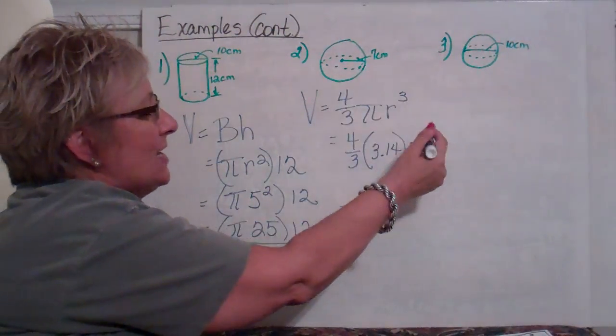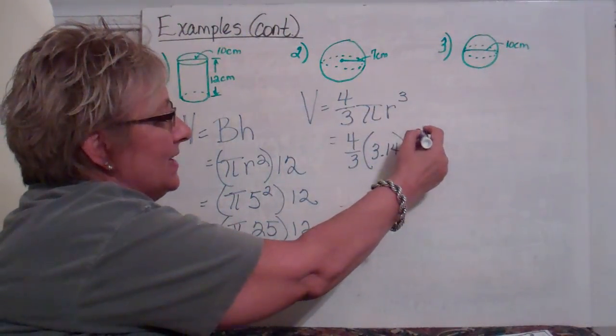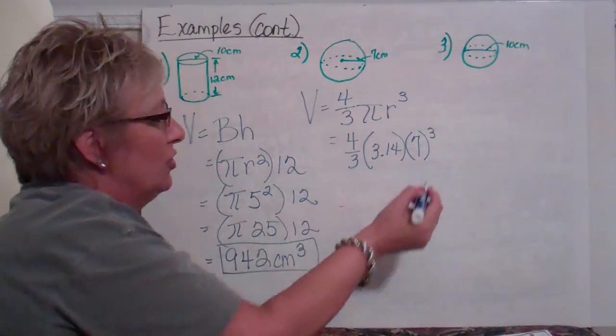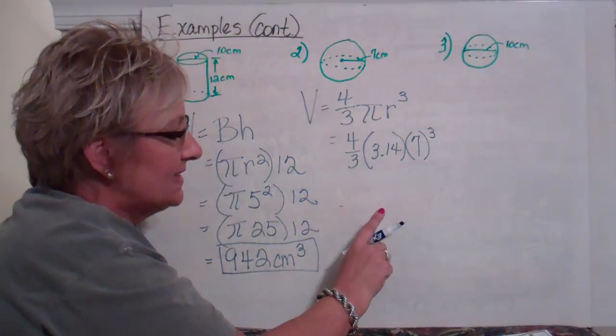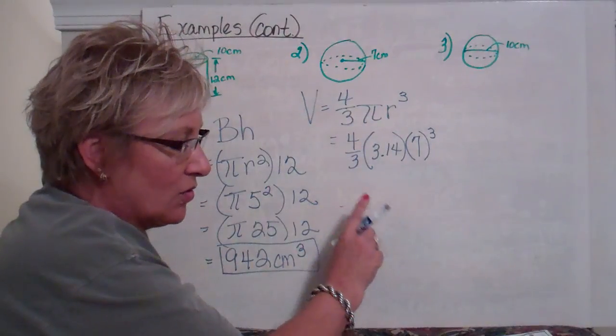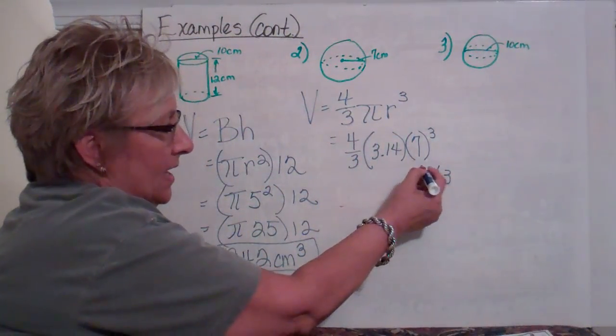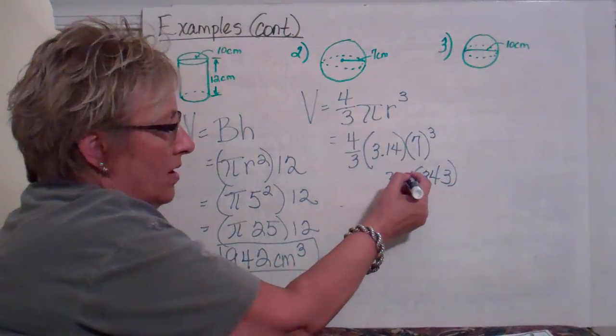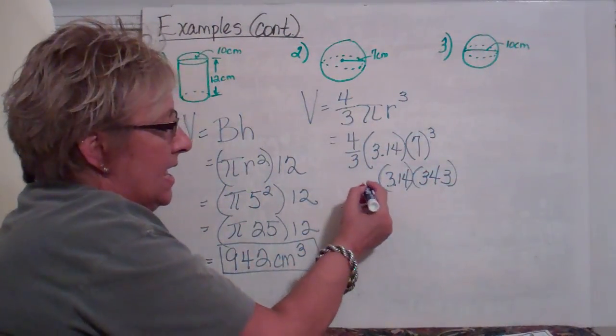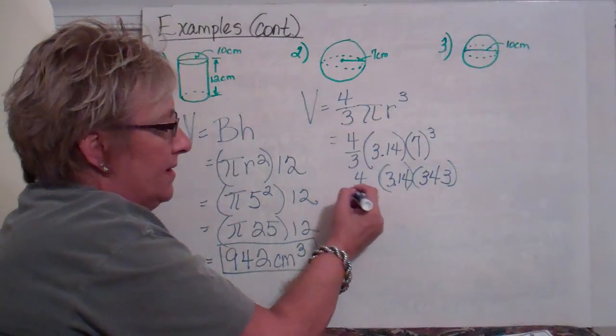The radius here is already given to me as 7 centimeters. I can say 7 times 7 times 7 in this case, or 7 cubed, should be 343 times 3.14 times 4/3.